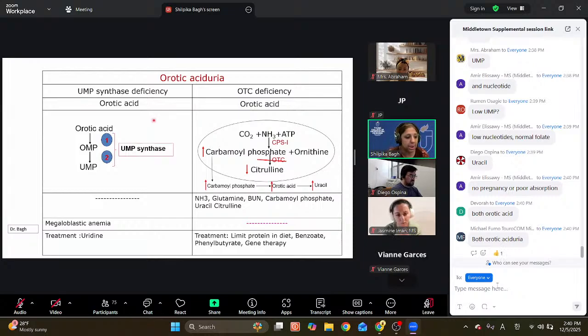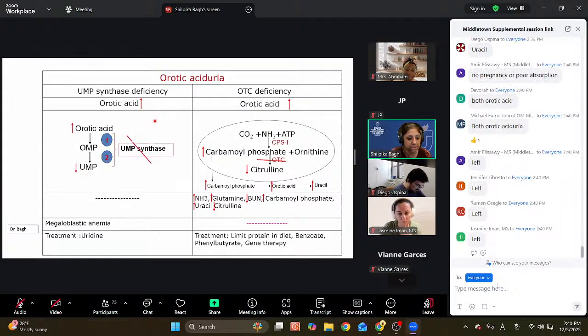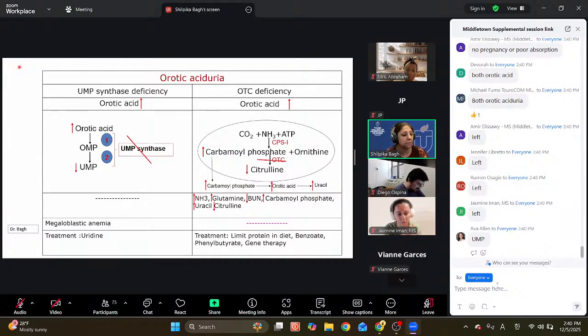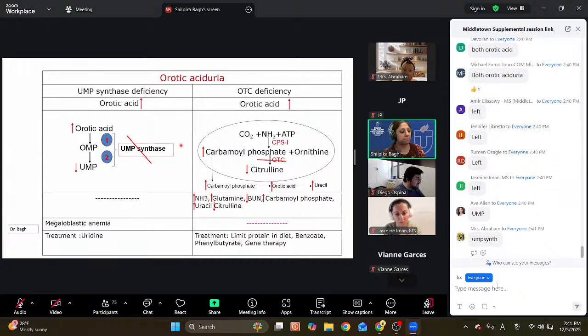Levels of UMP. Where will UMP levels be low? Left or right? UMP synthase deficiency or OTC deficiency? UMP will be low on the left, which is UMP synthase deficiency. So there will be some common findings, but there will be a differential.